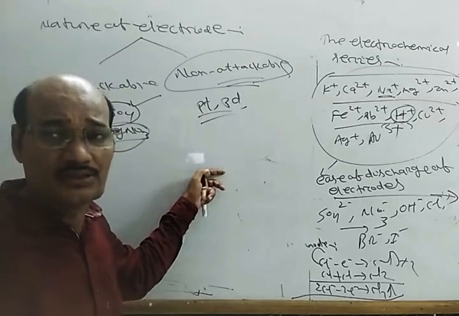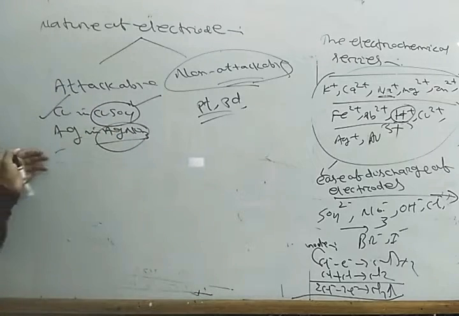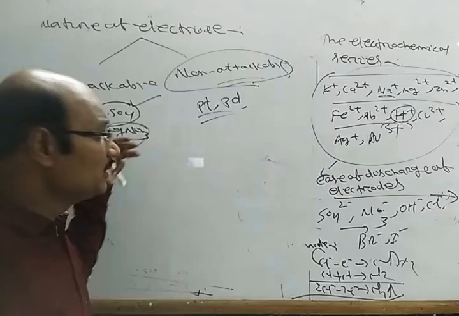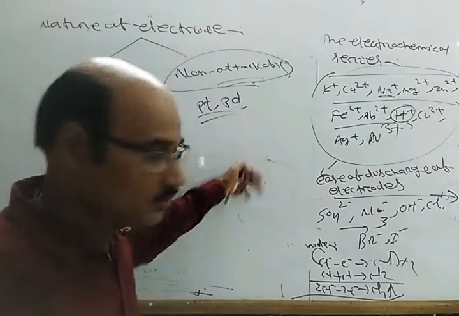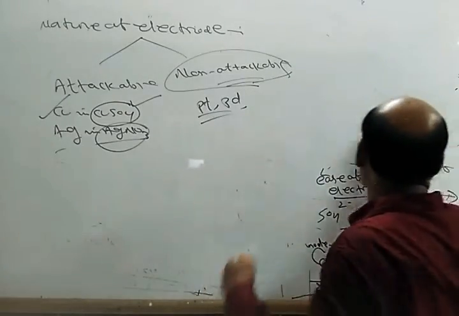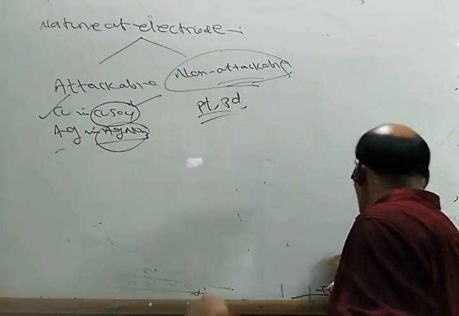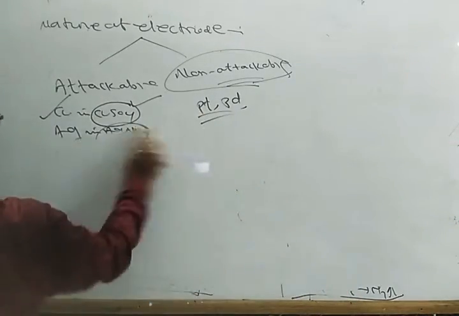Now let us discuss the electrolysis of copper sulfate using a copper electrode and also the electrolysis of copper sulfate using an inert electrode. Let's see.